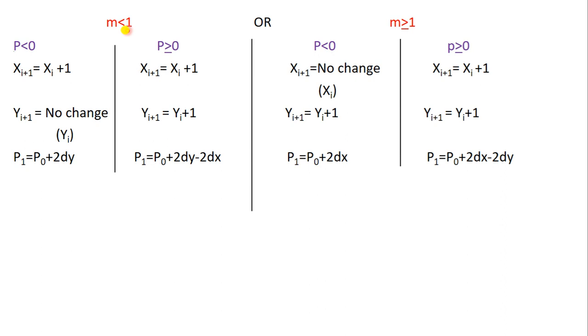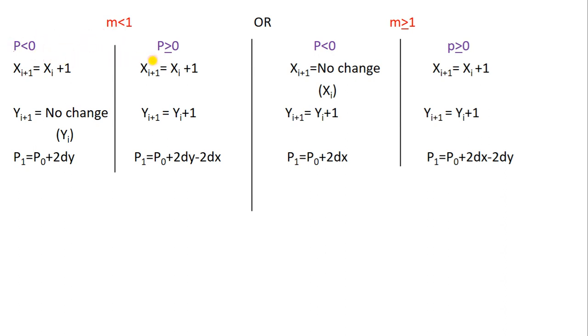So m less than 1 means we have to use only this section. If our slope value is greater than or equal to 1, then we have to use this section and ignore the other.